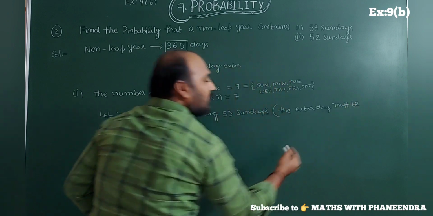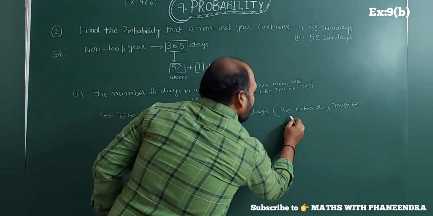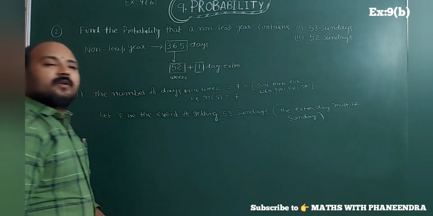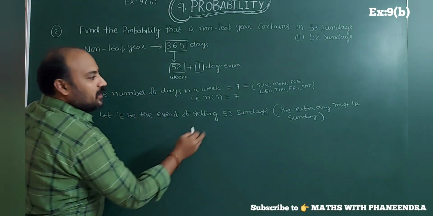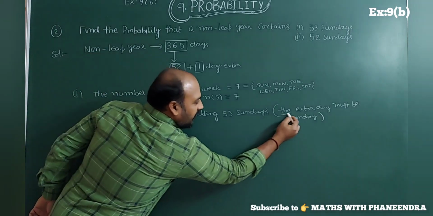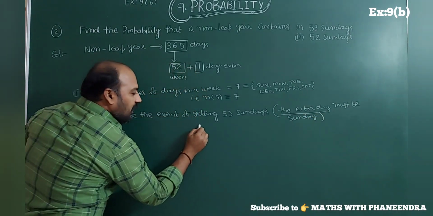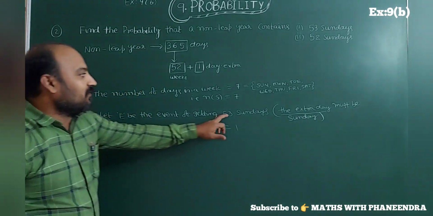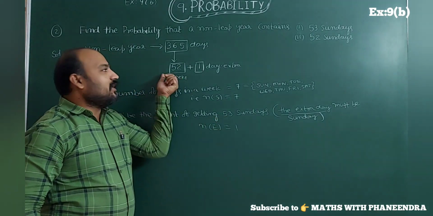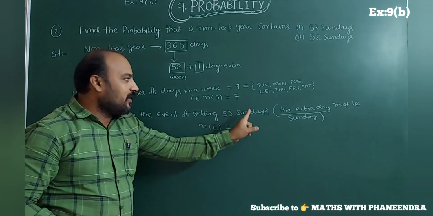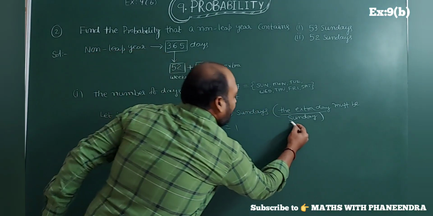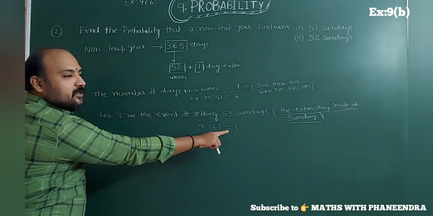Then the probability: only one extra day. So n of E is equal to only one day. To get 53 Sundays, 52 weeks means we got 52 Sundays, but we want 53 Sundays now. So the extra day must be a Sunday. So that extra day means only one.